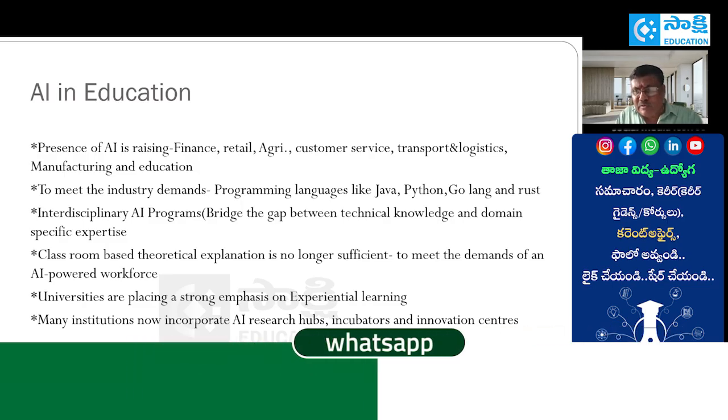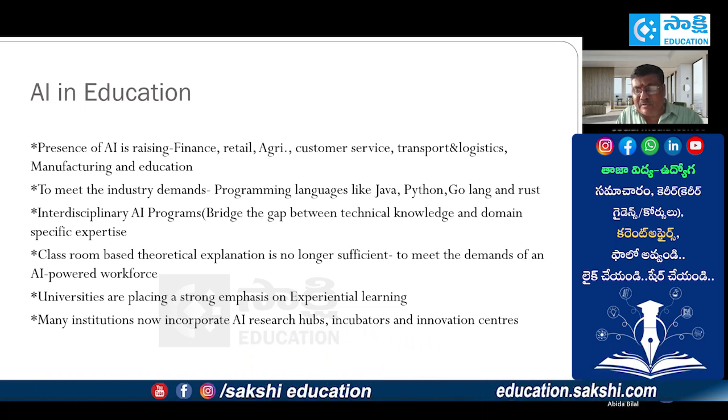So universities have come up with various programs related to artificial intelligence, and they have introduced AI modules and also incorporated programming languages like Java, Python, Golang, Rust into their syllabi.